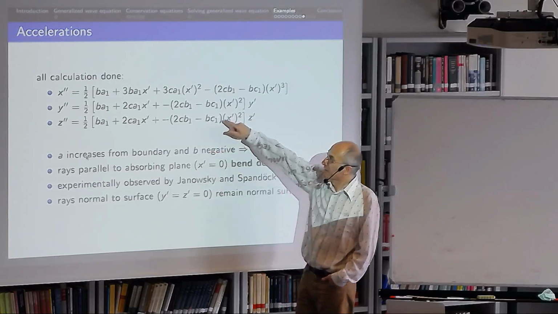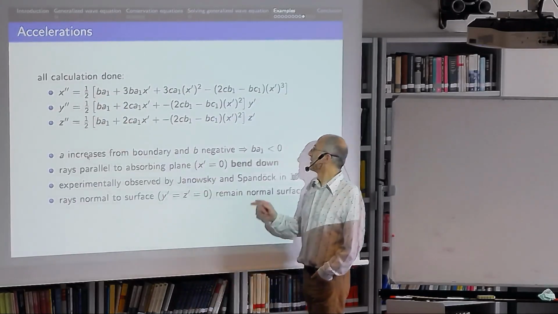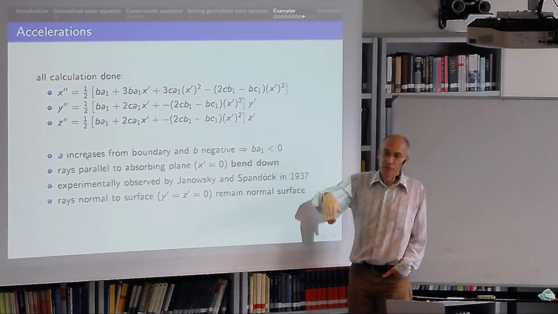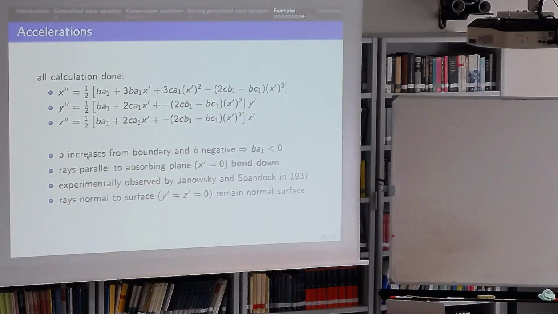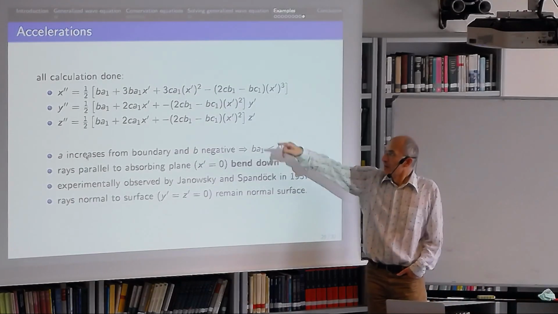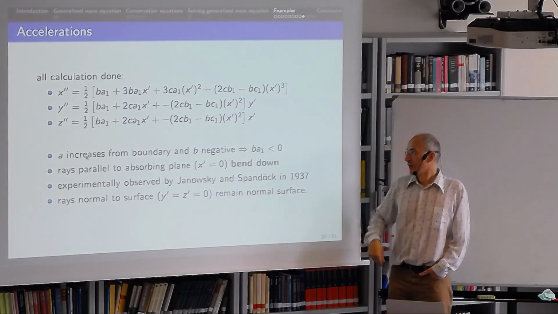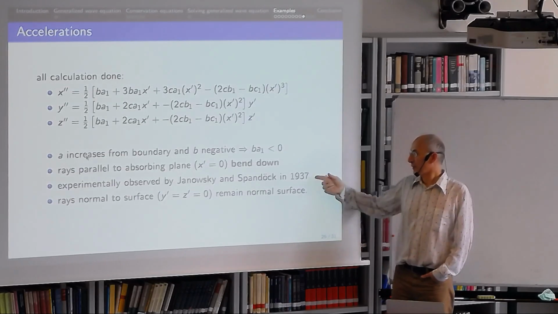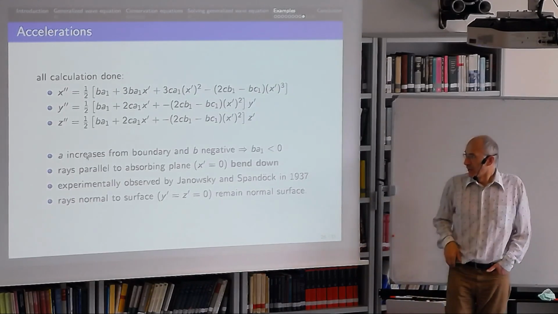It means that this term here will be negative, and then x squared will be bending down. Remember that x is positive when going upwards, so x second negative means that the acceleration is going downwards. So this is what was experimentally observed by Janowski and Spanduk.